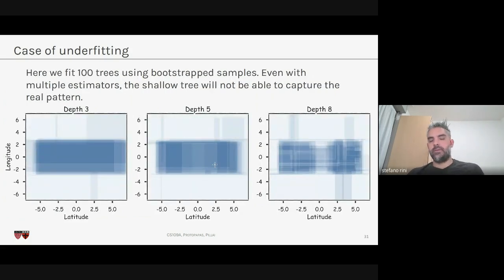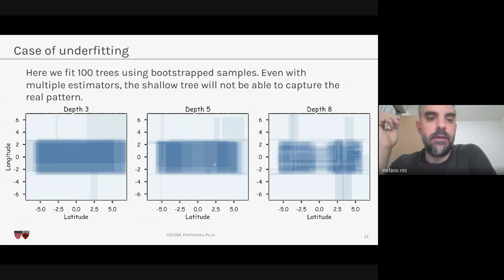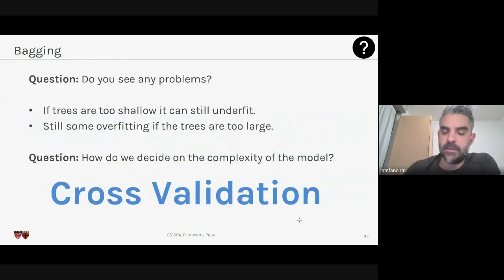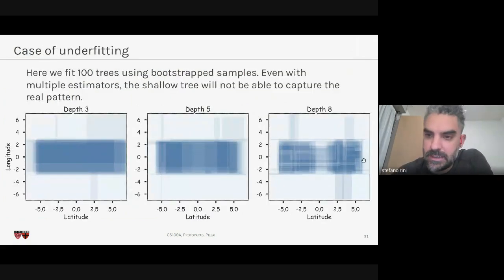So if you again do bagging, then you see here that this region is low variance, but this region is high variance. Even if this region is conceptually the correct depth, because you recognize the two clusters, you see that you don't get there. So if the tree is too shallow, then you can underfit. You don't get the clear separation between these two clusters.